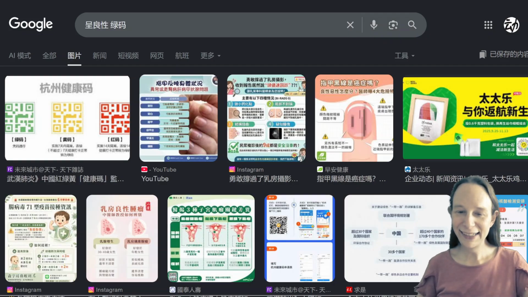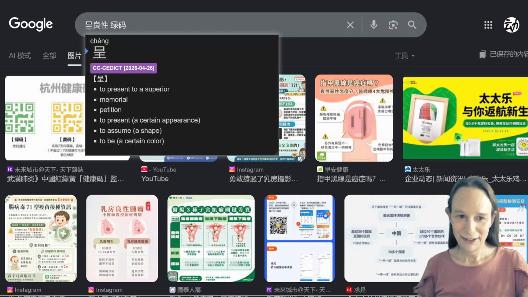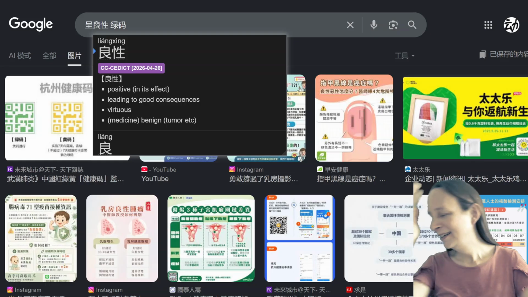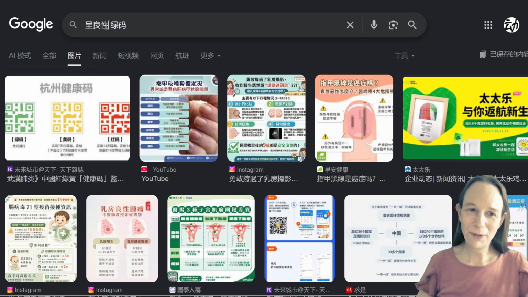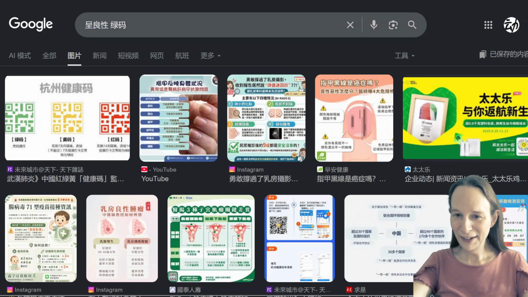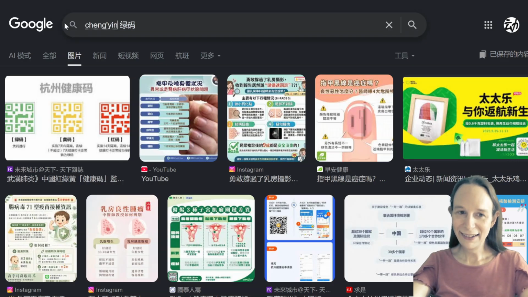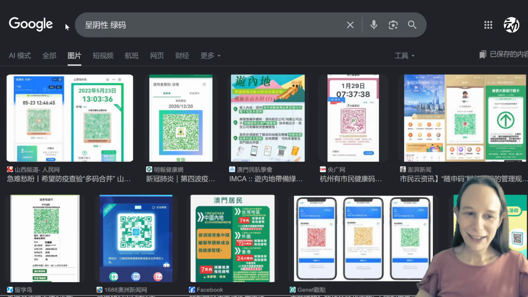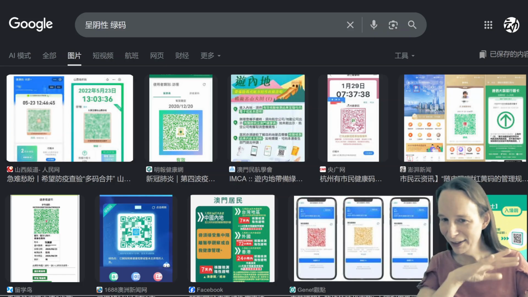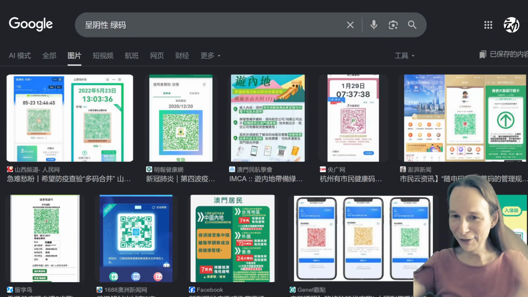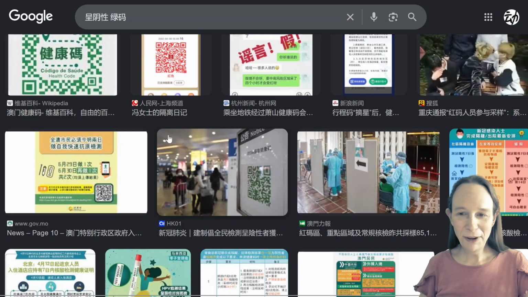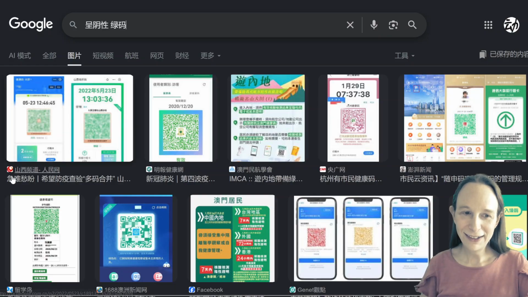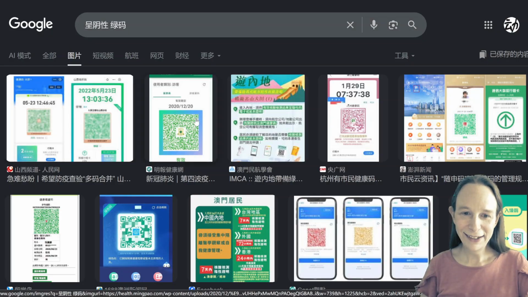So 成良性. Oh, I've messed up, haven't I? No wonder. I've got the wrong one. It's 成阴性. This is the one. Don't mess up like I did. Sorry, retract. Gone from your memory. Then again, if I was perfect at this, I wouldn't be doing this. So 成阴性. This is the one you want to see.